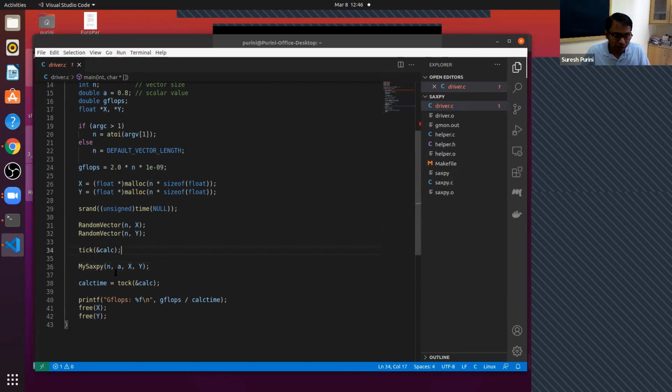So what we are doing here is, if you just do a time on the whole program, then you can easily see the time taken for the random vector initialization of x, random vector initialization of y, and all these things will be accounted for, and we will lose sight of what is actually happening in this function called mySaxpy on line number 36.